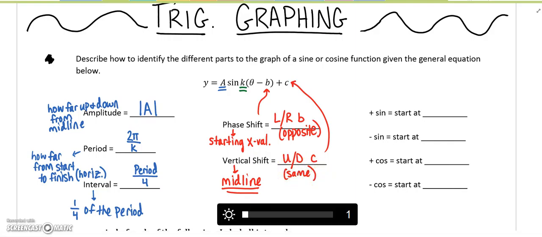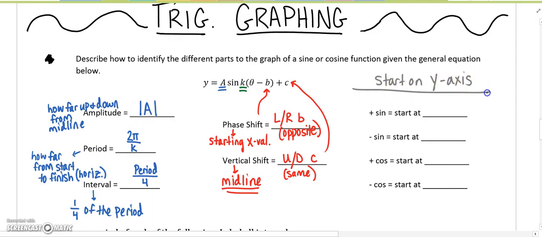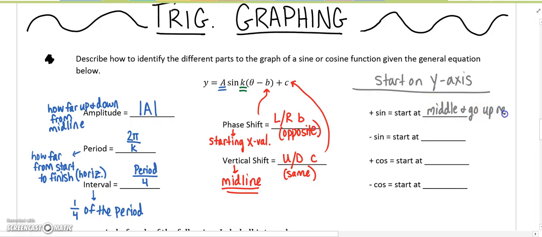Okay, the last piece I want to remind you of: this is the starting x value, but sometimes we don't remember where to start on the y-axis. So this is where to start on a y-axis. If it's a positive sine, you start at the middle and go up next.